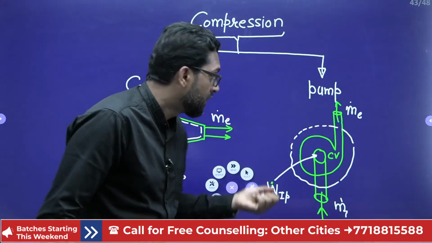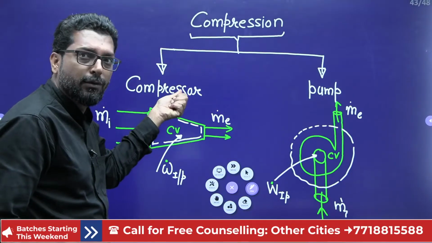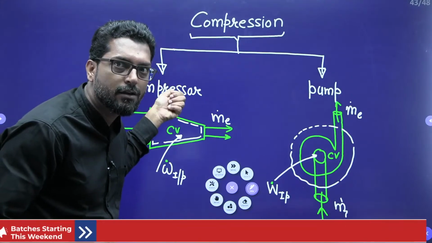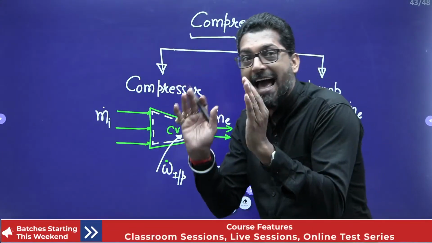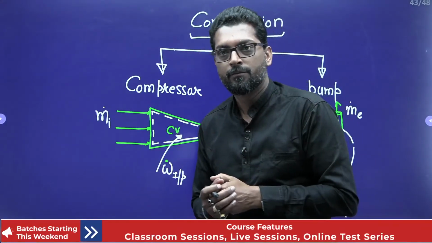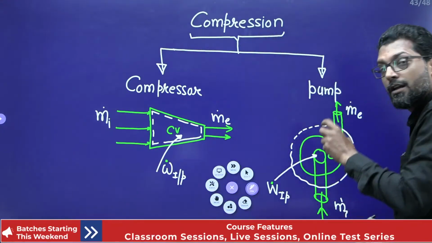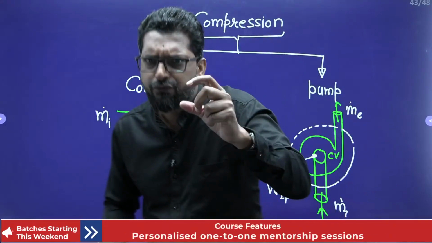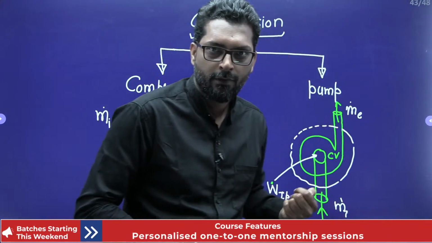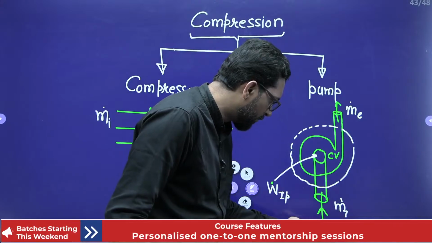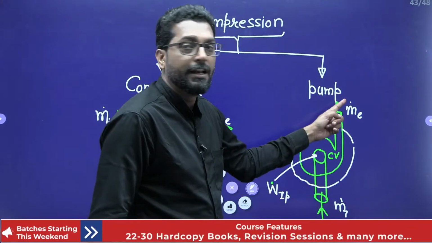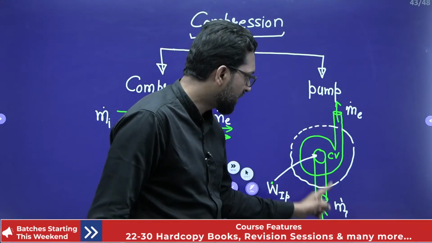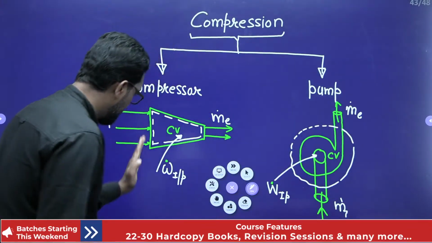That means it is possible that it will handle gas or a superheated vapor. But the pump handles a fluid in the form of liquid. That means you are pumping water from the low reservoir and delivering it to the high range. So this is your low pressure, this is your high pressure. Also here, this is your low pressure, this is a high pressure.